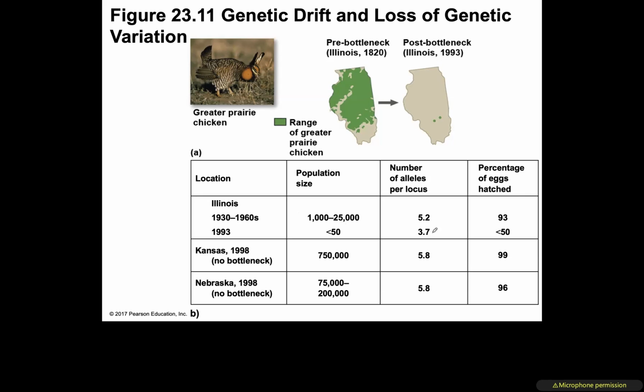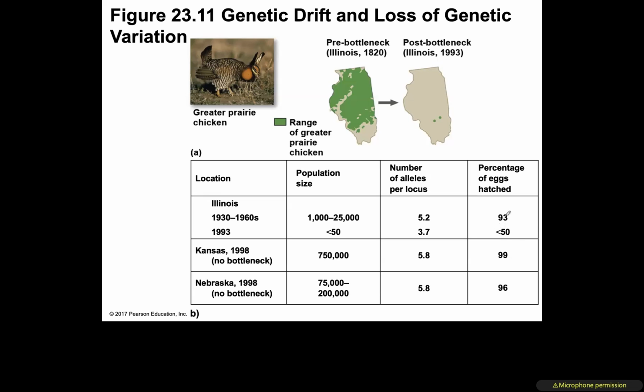With that, you are seeing less chickens, less eggs being hatched. So this is showing you that because you have less genetic diversity, i.e. alleles, you are actually having less viable offspring.